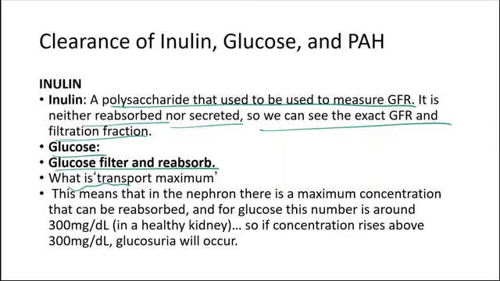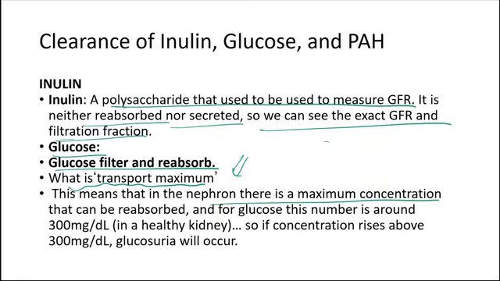What is transport maximum? This is an important concept we need to learn here. For the nephron, there is a maximum amount of glucose that can be reabsorbed. So let's say the glucose level is increasing.